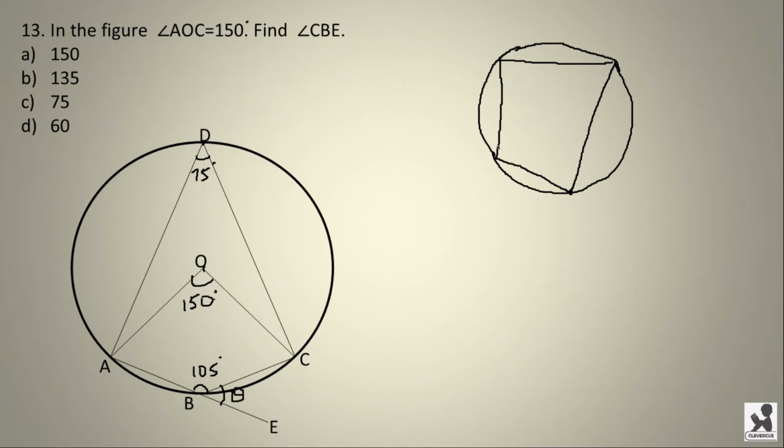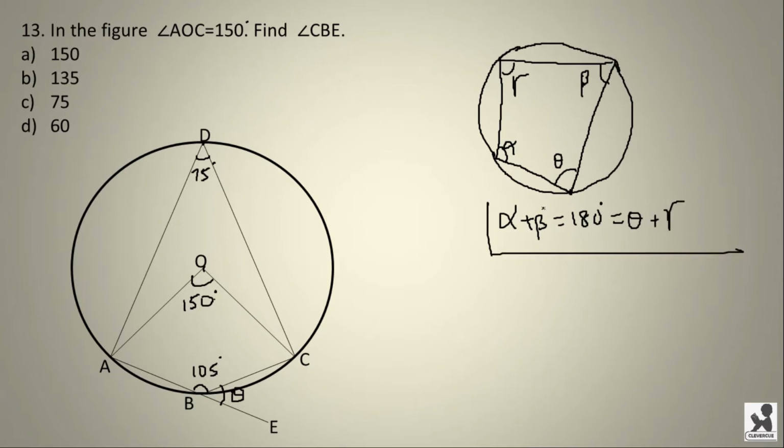That is, if this is alpha and this angle is beta, this angle is gamma, and this angle is theta, alpha plus beta is equal to 180 degrees, and theta plus gamma is also equal to 180 degrees. This is the property of a cyclic quadrilateral.